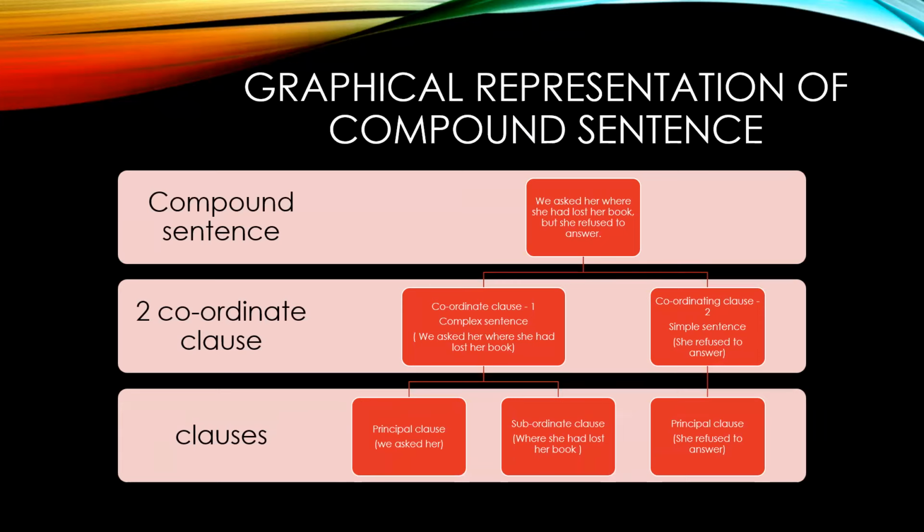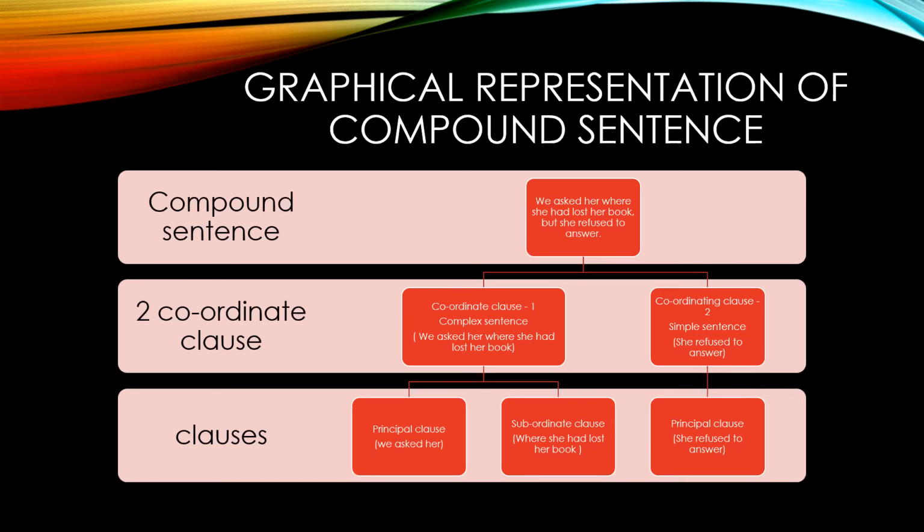Now the graphical presentation of another compound sentence: "We asked her where she had lost her book, but she refused to answer." If you divide this sentence, it is divided into two coordinate clauses. How? "We asked her where she had lost her book." This is the first coordinate clause, and it is a complex sentence because "we asked her" is a principal clause, and under that is the subordinate clause "where she had lost her book".